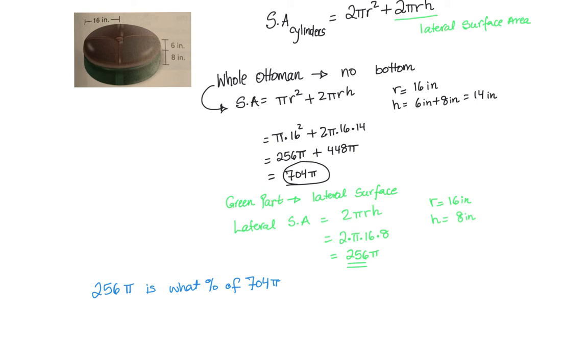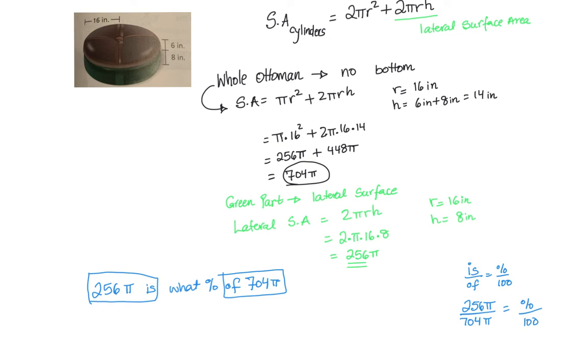Now I'm going to set this up as a proportion. Reminder that we use is over of equals percent over 100. I can see that 256 is the is, and the of is the 704. So I have 256 pi over 704 pi equals the unknown percent over 100.